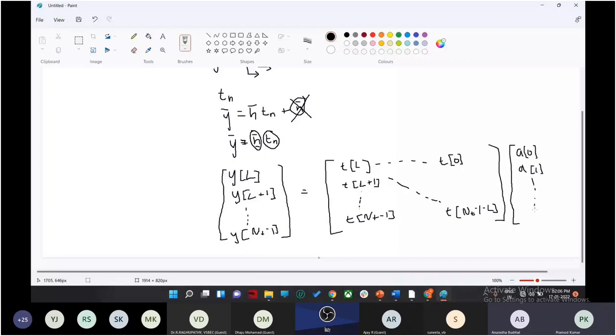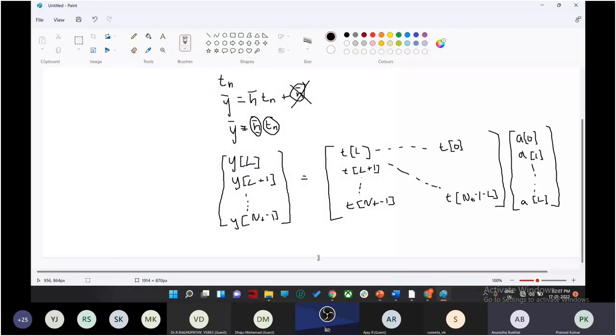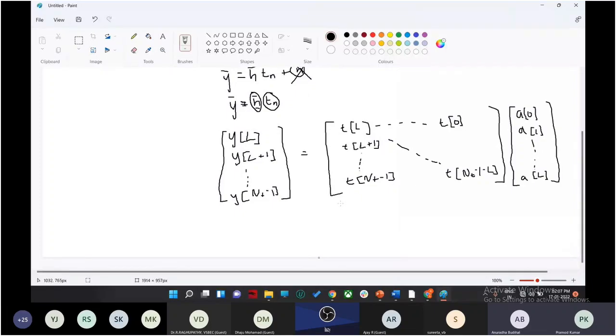So this is how least square estimation can be done using the received signal and the training sequence. This training sequence matrix is known to us. This whole thing is known, and this is the received signal we are getting, and this is the unknown we will be estimating.